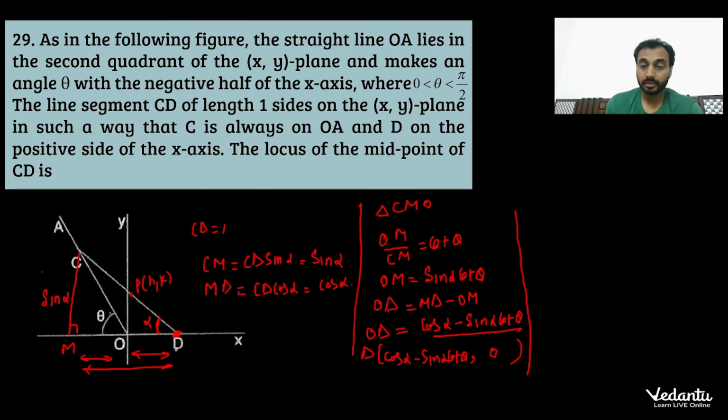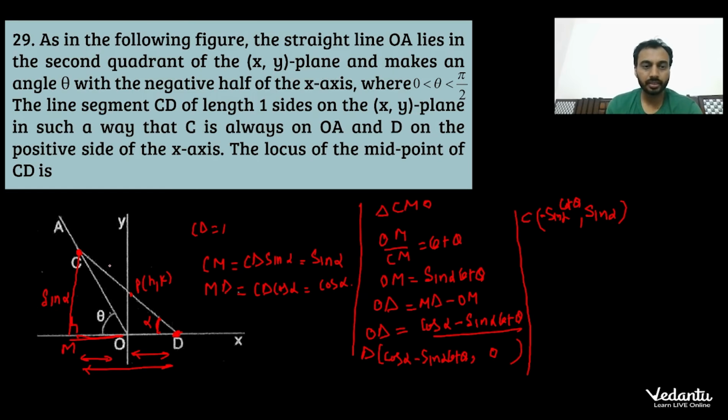Now let's try to find the coordinates of C. As this length CM is sin alpha, the y coordinate is definitely sin alpha. So we have to see the x coordinate. The x coordinate is basically minus of OM. The OM length we have already found, sin alpha cot theta. So it is minus sin alpha cot theta. So this is the point C.